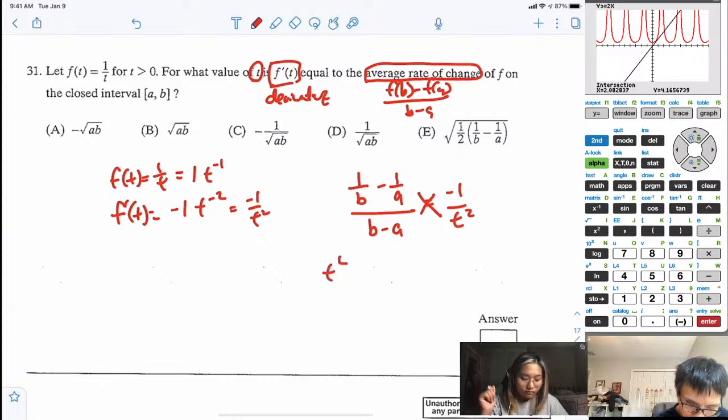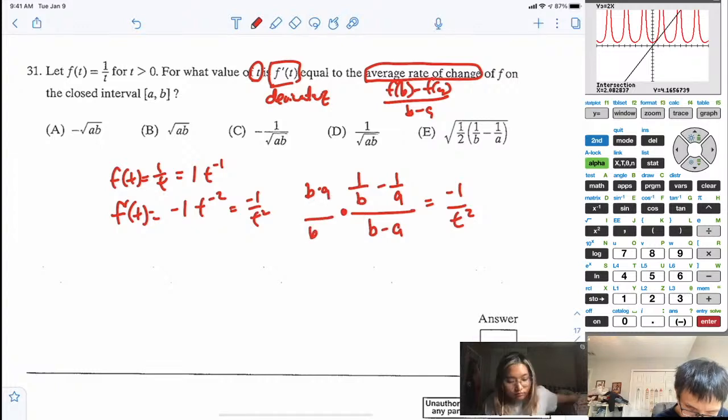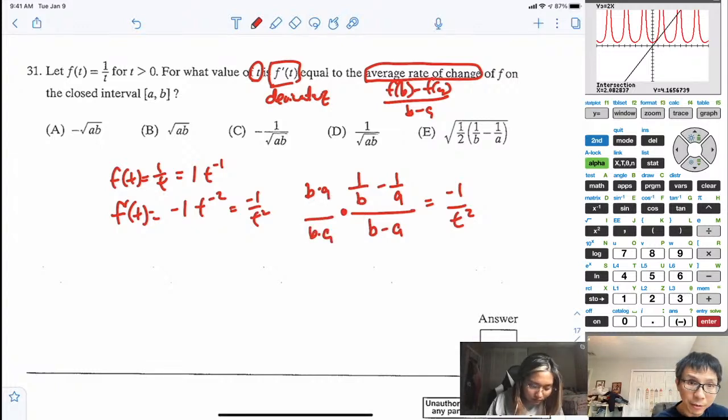Actually, let me see what's the best way to do this. Before I cross multiply, maybe there's a better way. I'm going to multiply the top part and bottom part by b times a over b times a. That's how you get rid of the complex fraction.